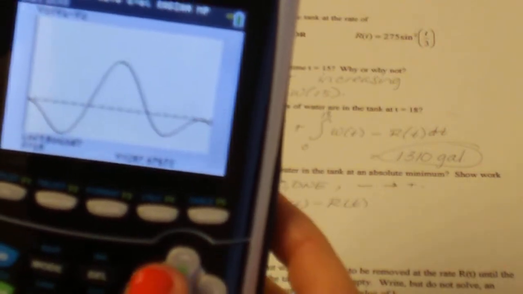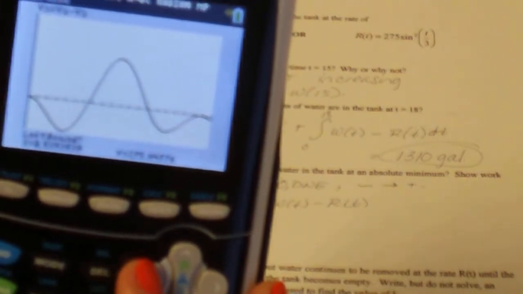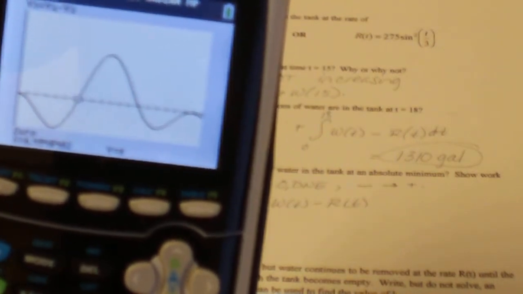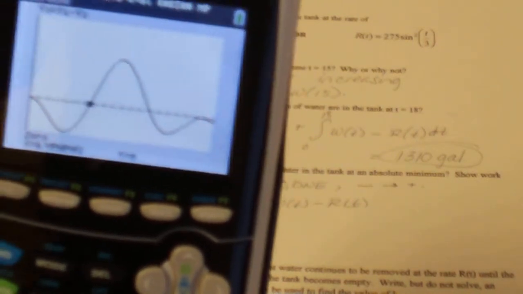Okay. Second trace, option 0. I want to find these x-intercepts, so I'm just going to scroll. Let's see here. And I've got one x-intercept at 6.495, so I'll write that down.